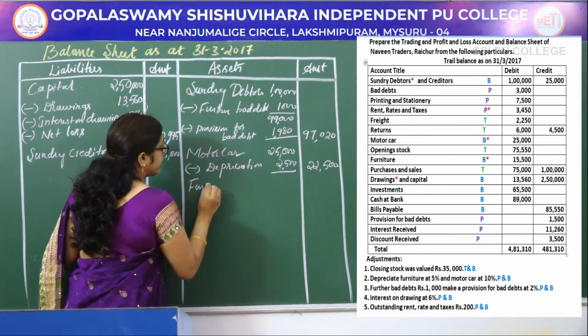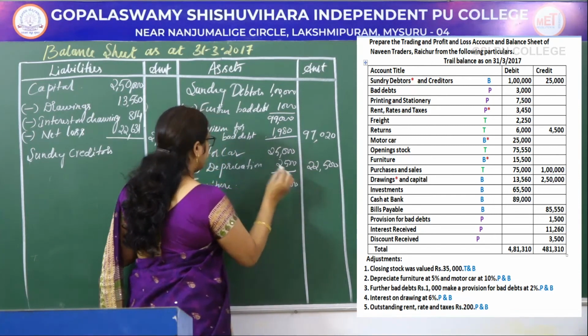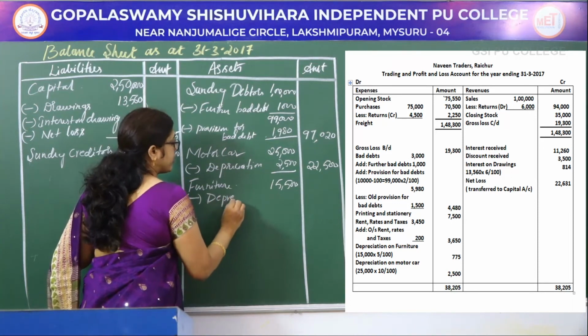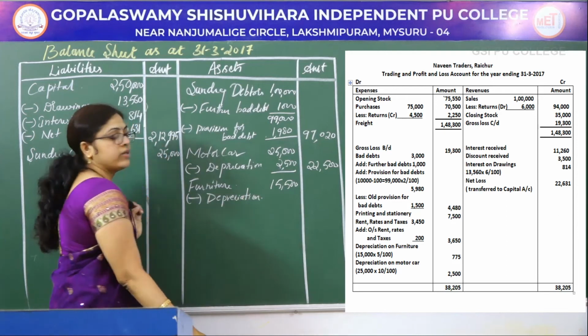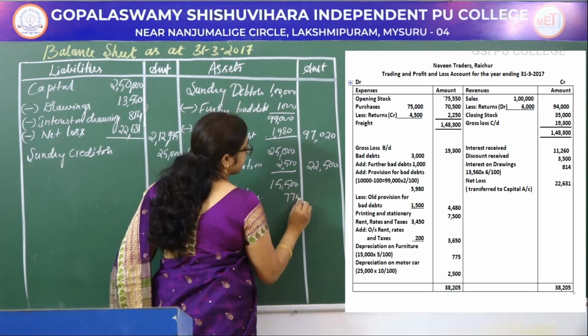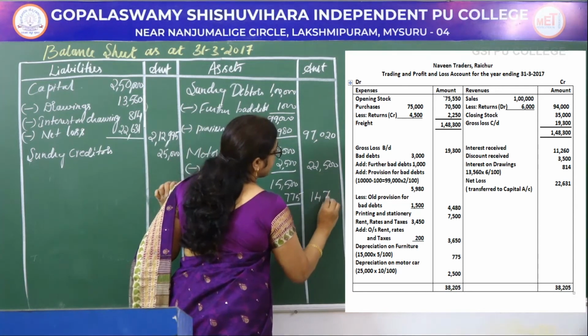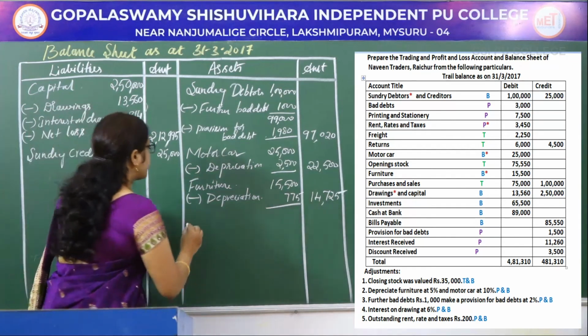Next, furniture 15,500 less depreciation. This is already calculated in the profit and loss account. Depreciation amount 775. After deducting, 14,725 rupees.